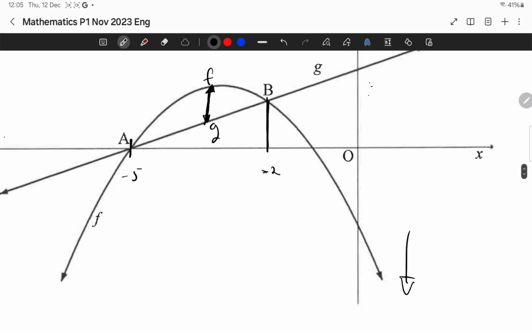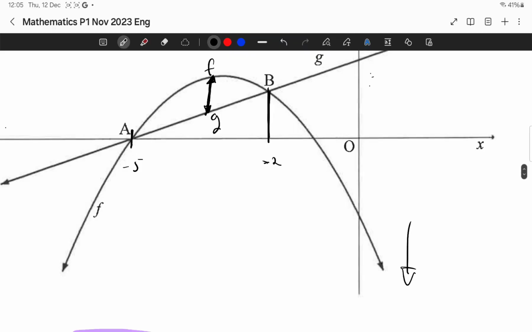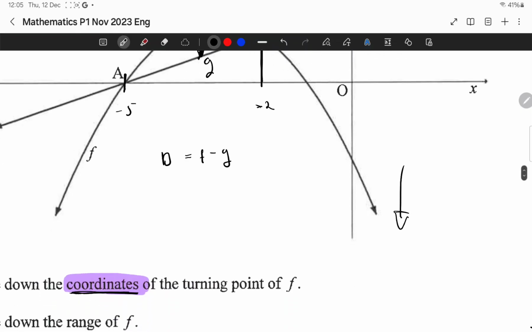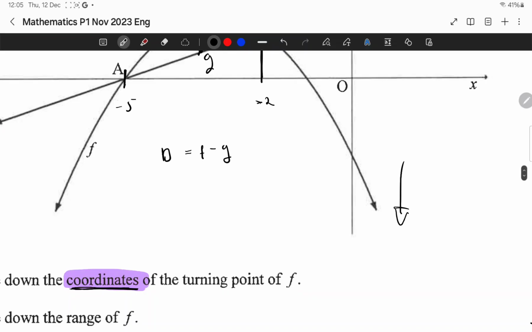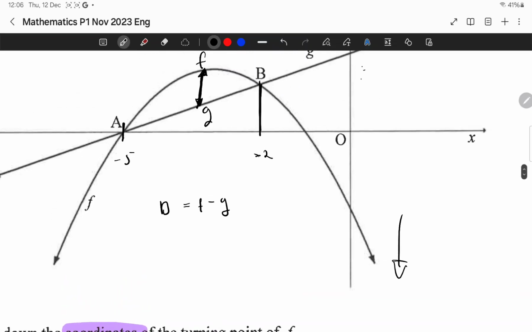So how would you get this distance? If you think about it, this distance looks like an f. Let's just make up a function d, which is a distance, is equal to f minus g. That makes sense, right? Then you continue. So what is f equal to? And what is g equal to?